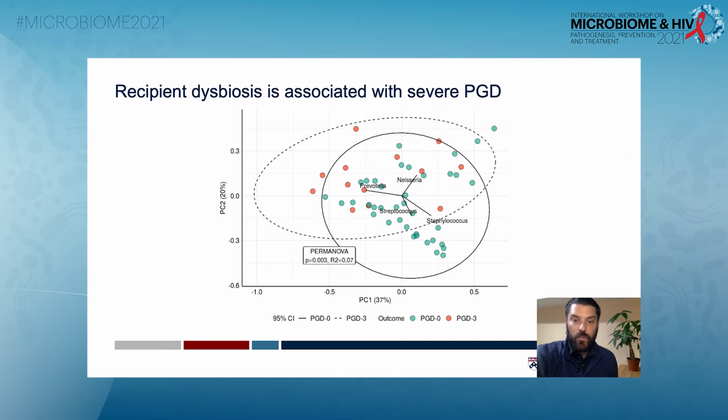And our main finding is that in the recipients, there was a discrimination in the lung microbiome between those that had severe PGD3 on each day and those that had PGD0 on each day. Here in this weighted UniFrac plot, you could see that those that developed severe PGD3 had a lung microbiome characterized by more Prevotella or Neisseria and less Streptococcus or Staph.